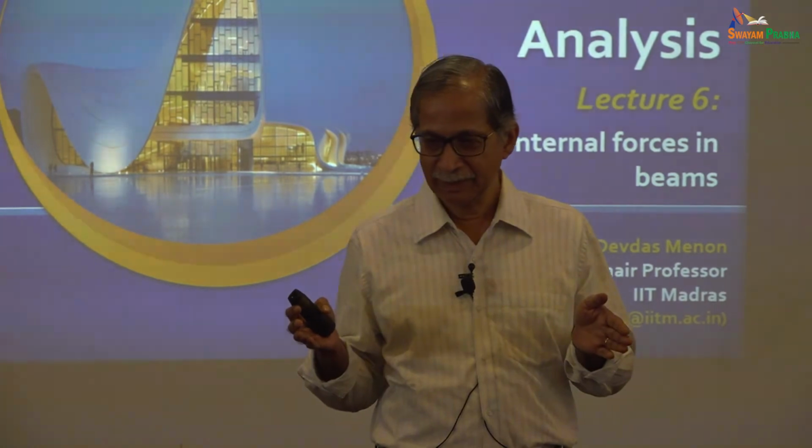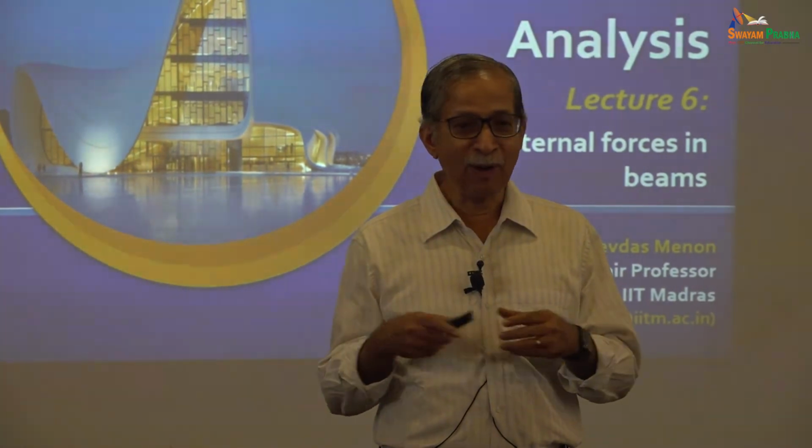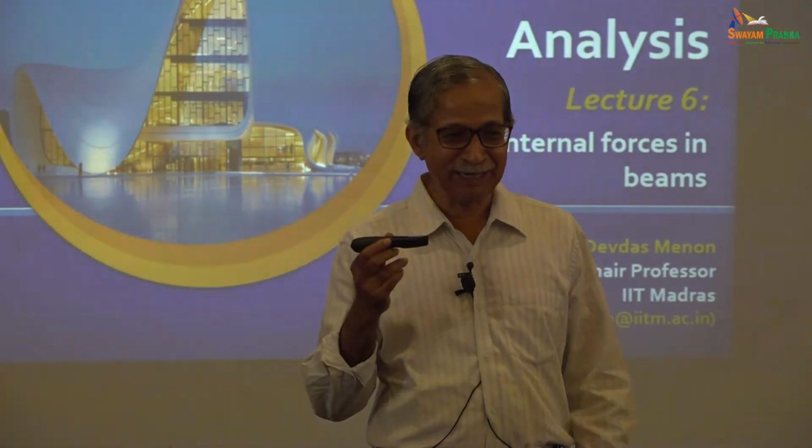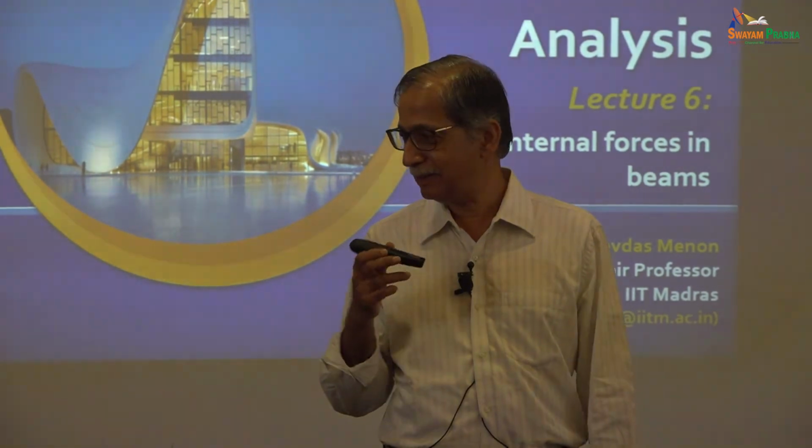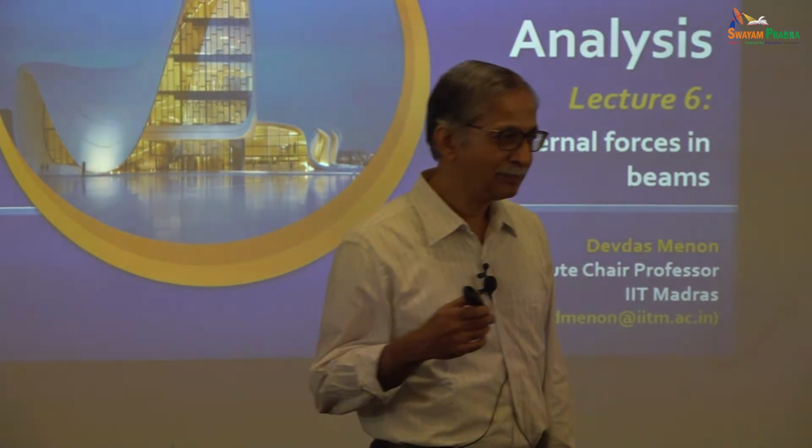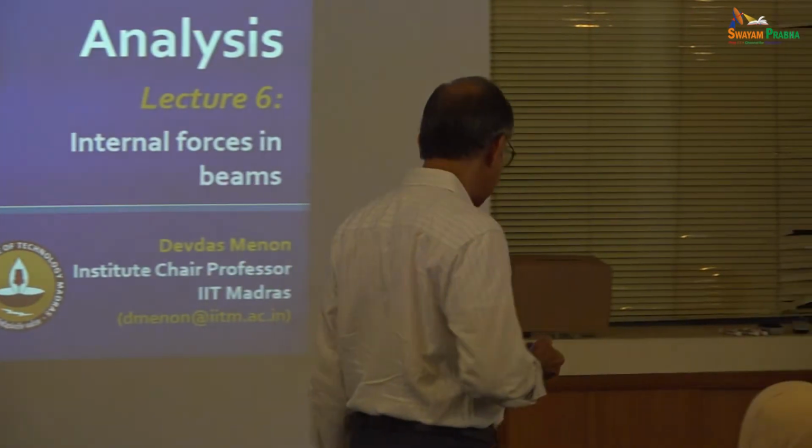That's it. We did not define the beam as a horizontal member. Sometimes people say it's a horizontal member. Not necessarily. It can be inclined, it can be vertical. All right, so let's proceed.